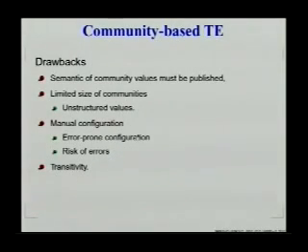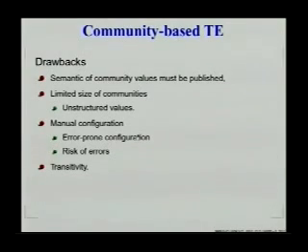So I now summarize a few drawbacks that were identified. First of all, we have seen that in the process of allowing peers to use communities to influence the redistribution of their routes, the description of community values has to be published, but there is no standard method to publish these values and their description.